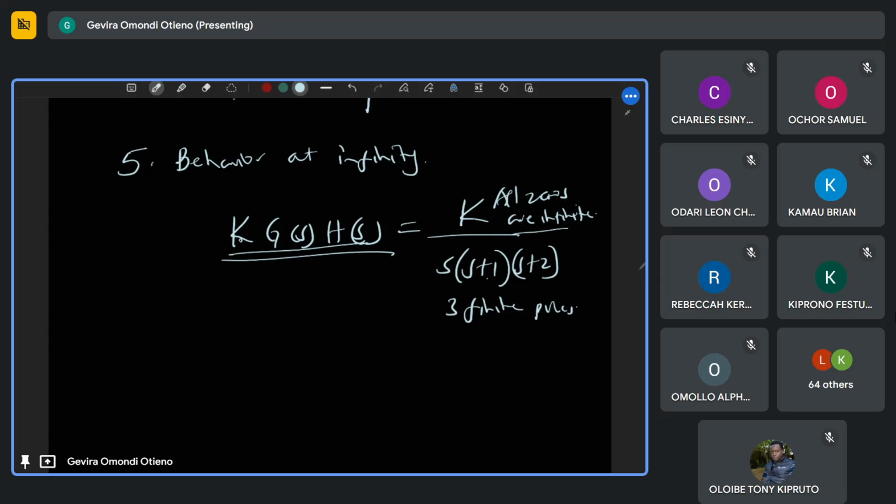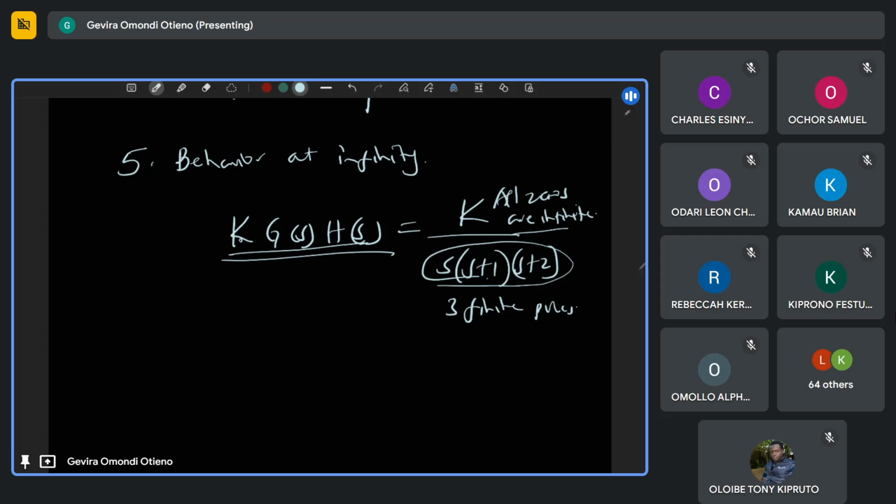Sometimes we can also have infinite poles, if the function approaches infinity. Like in this case, you can see we have this function here where we have 3 finite poles, but we don't have any zeros.